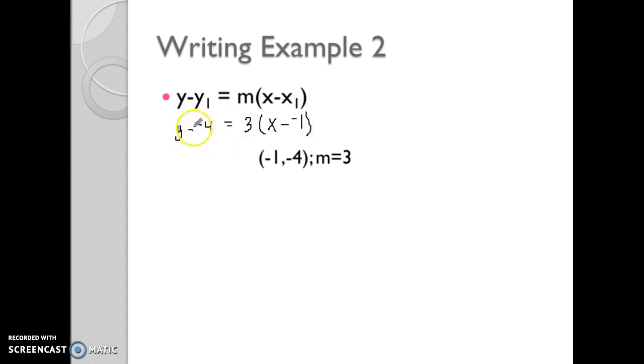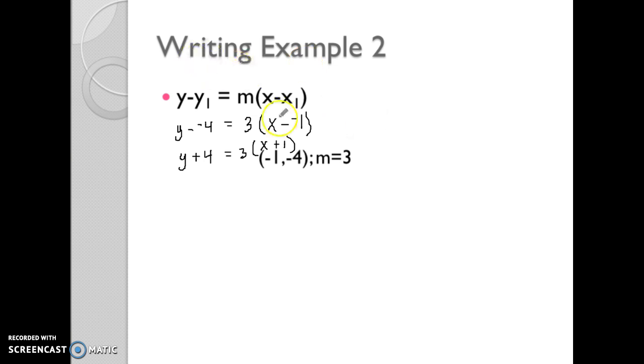Don't get confused thinking that this subtraction takes the place of this negative. You have to make sure you show that you're subtracting a negative number. So then simplifying, we want to make sure we add the opposite. So this is actually the same as y plus 4 equal to 3 times x plus 1.